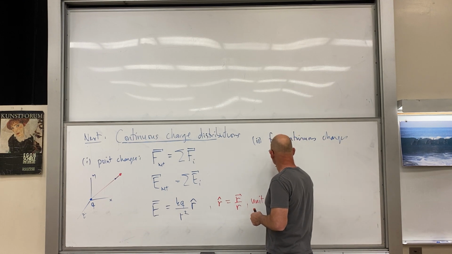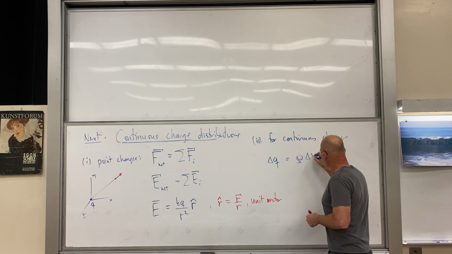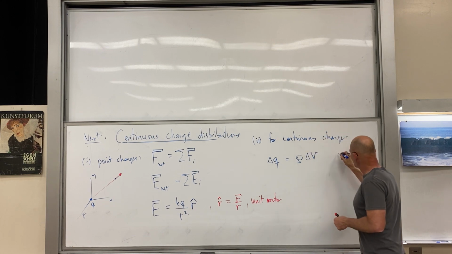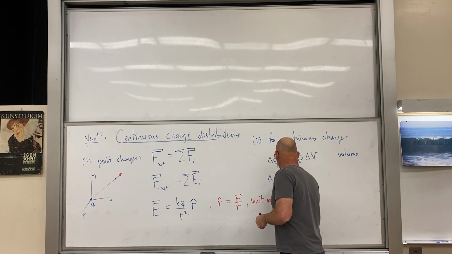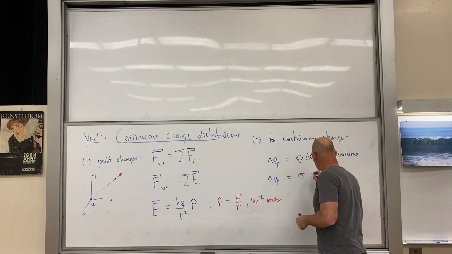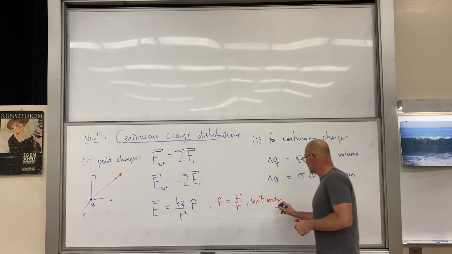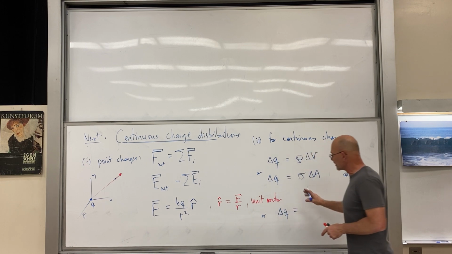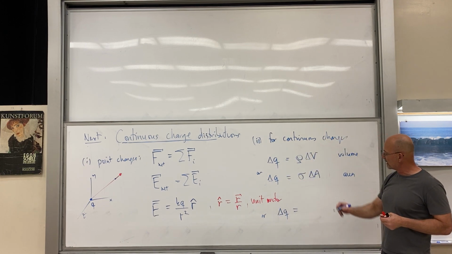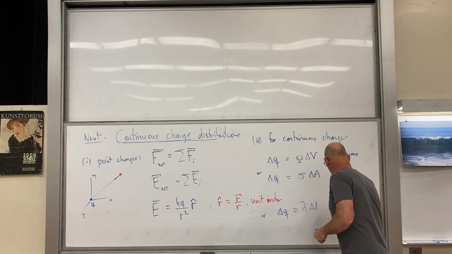So we have delta Q is equal to a charge density rho times delta volume, so that's volume, or delta Q is equal to sigma delta area, or delta Q, and of course we'll turn this into infinitesimals for our integrals, but delta Q would be lambda delta L, so that would be for a length.